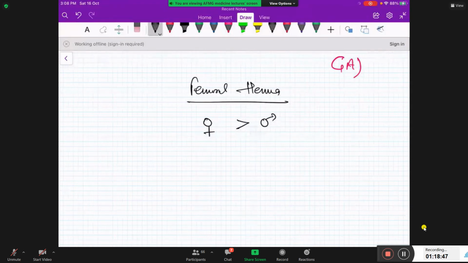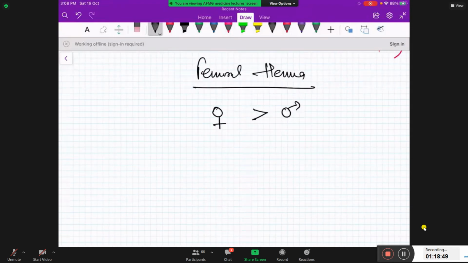Now this femoral hernia comes out through the femoral ring. I am not going to go into the detail of the anatomy here.